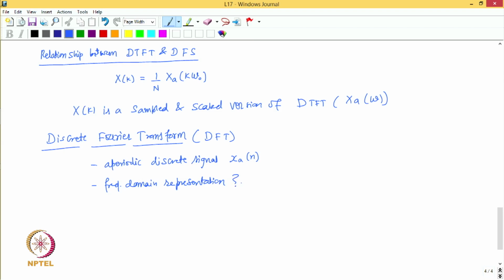We just discussed that this can be found by finding the DTFT of the signal. However, the DTFT we would get would be a continuous spectrum, and for practical purposes we would like to work with a discrete spectrum. Therefore we are going to see an alternative approach to find the frequency domain representation of x_a(n).